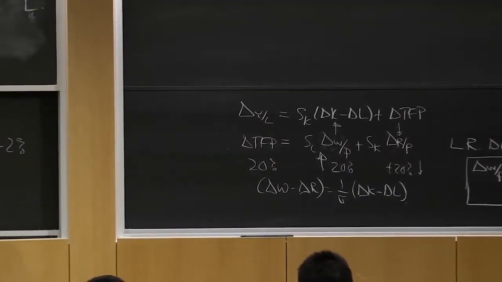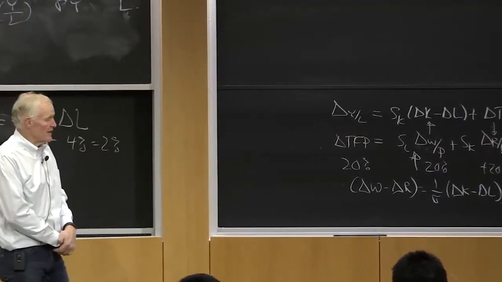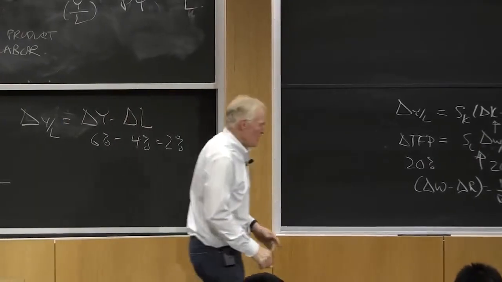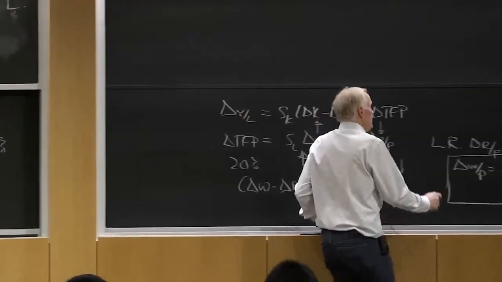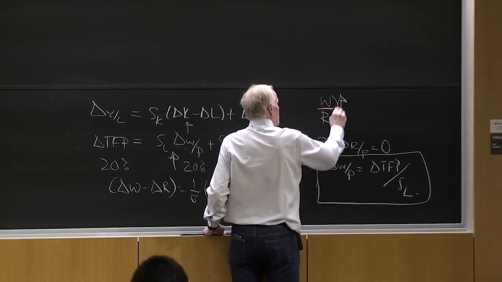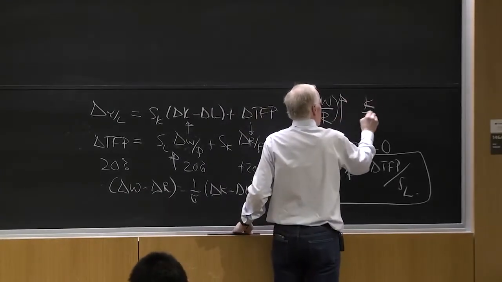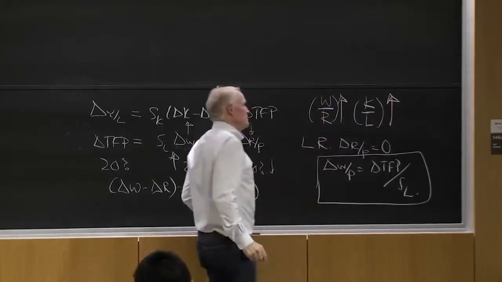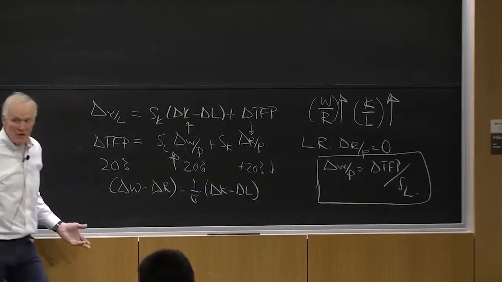There's going to be more capital. It doesn't tell us that labor share is going to grow, because basically what's going on is W over R is going up, but K over L is going up too. So labor share, who knows, right?